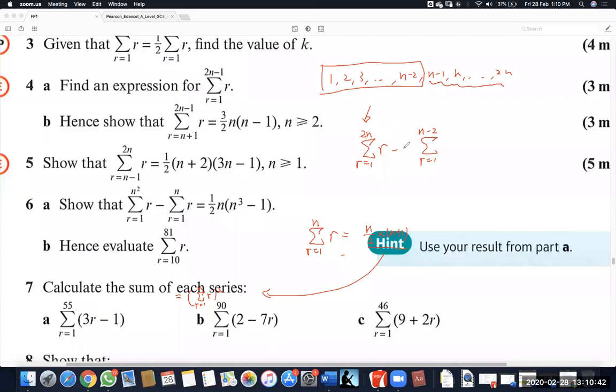So you minus the summation from r equal 1 to n minus 1, n minus 2. And then you substitute in the formula, okay? And then I call it p, okay? p over 2 times p plus 1 minus p over 2 times p plus 1, okay? And then you simplify it, and then you can get this answer.